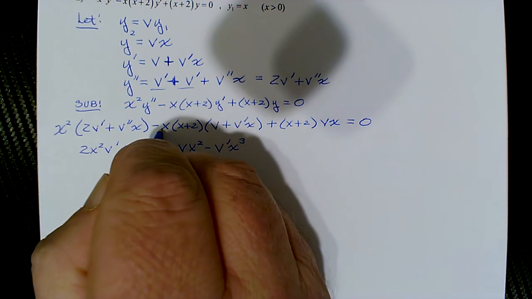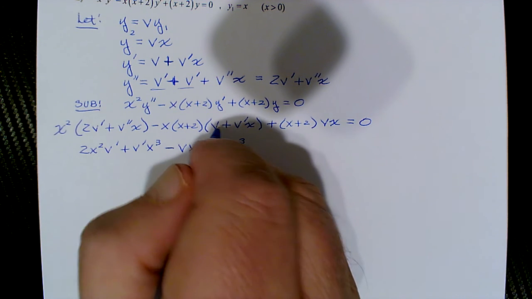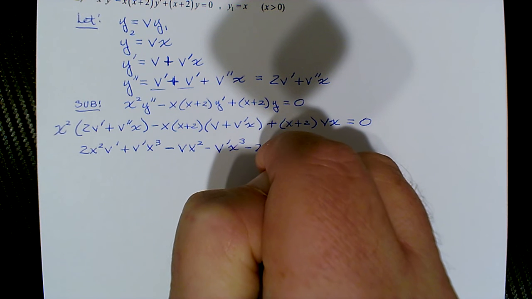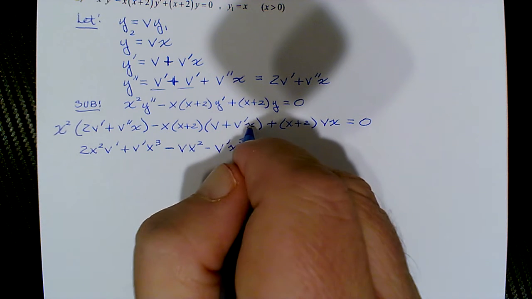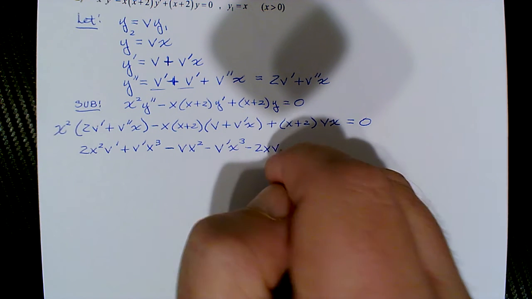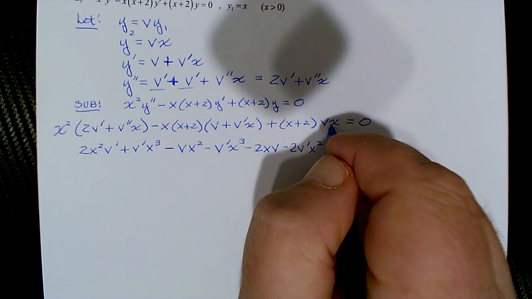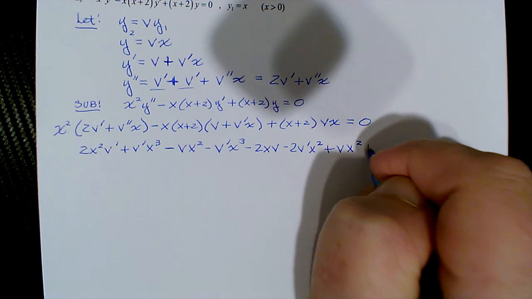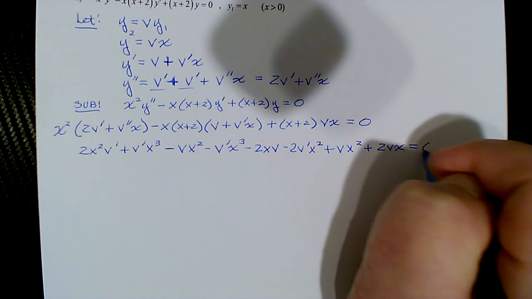And then similarly, negative x times 2 is negative 2x times this v, so negative 2xv, and then again negative x times 2 is negative 2x times this term would give us negative 2v prime x squared. Okay, and then we'll just distribute this: vx times x would be plus vx squared, and then vx times 2 is plus 2vx, and that has to equal 0.